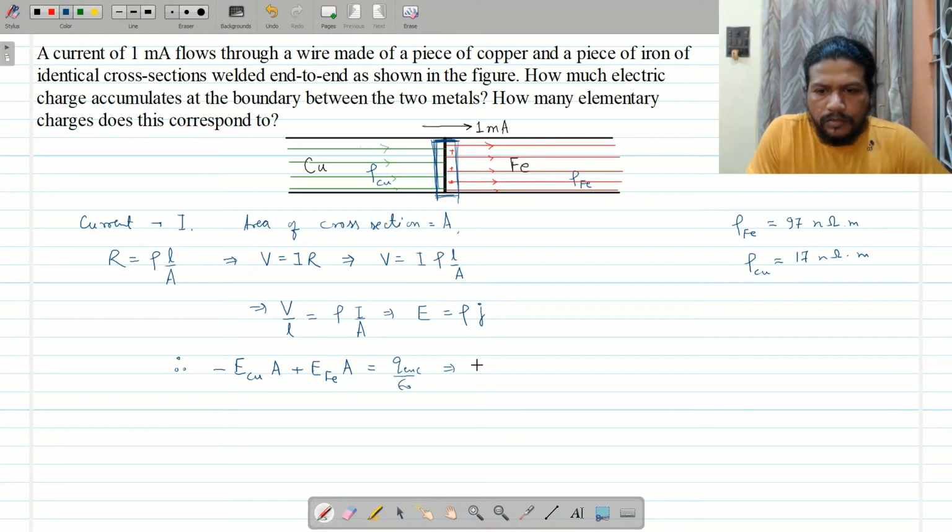Now I can see from this equation itself that multiplying by the area gives us E times A as rho times I, so the same equation I wrote down again.